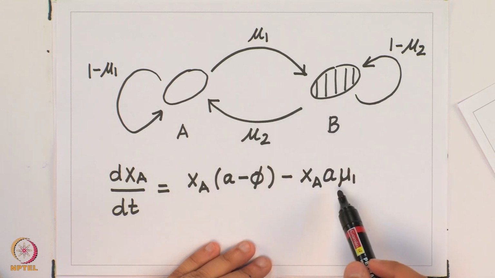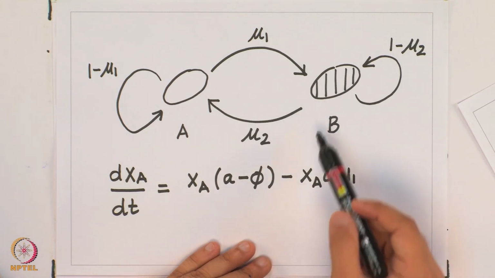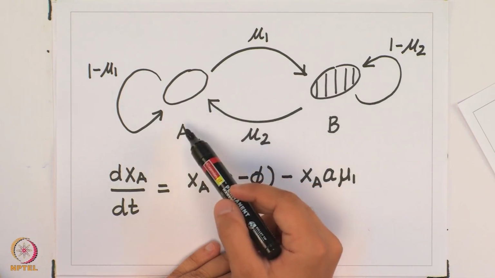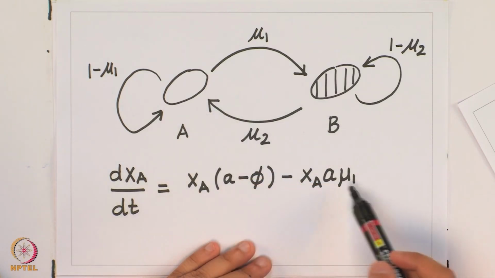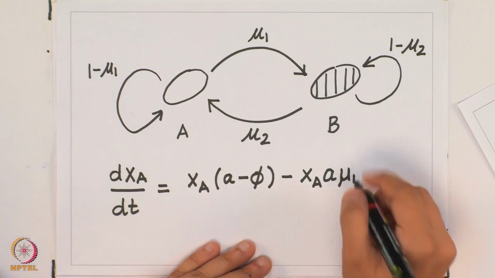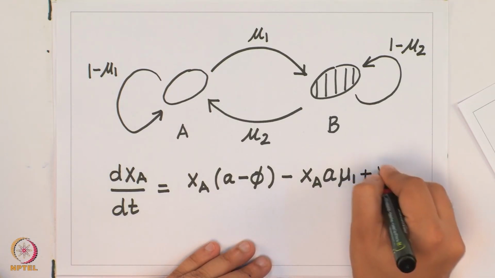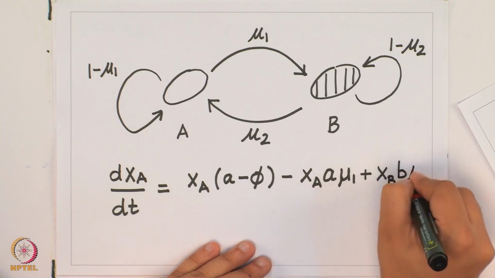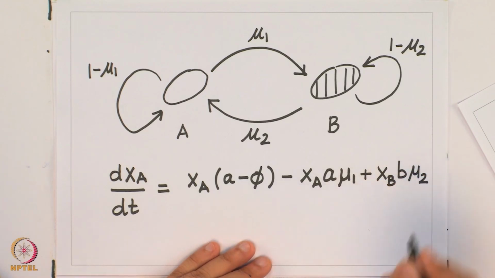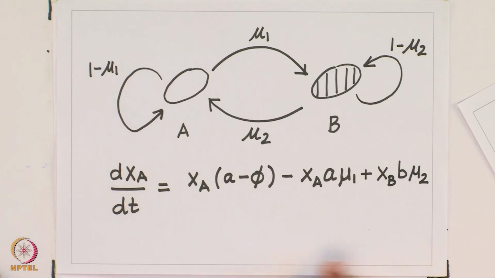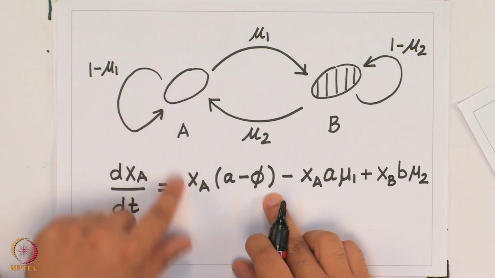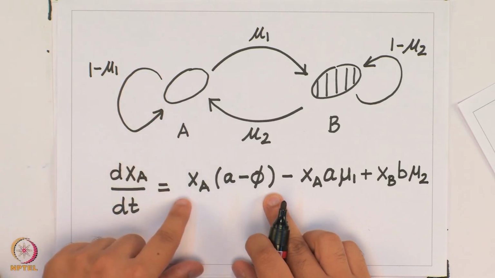So, those have to be subtracted, but at the same time, while genotype B is replicating, some A genotypes are also produced which have not been taken into account so far. So, to do that we add xb times B times mu2. This represents the total production of genotype A without taking into account mutation.